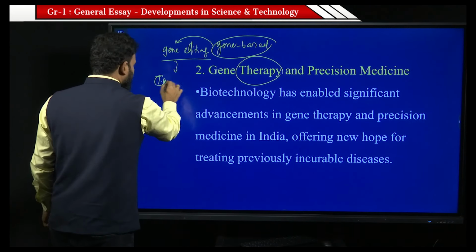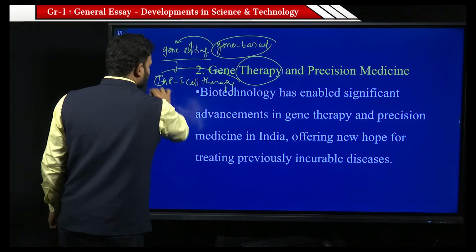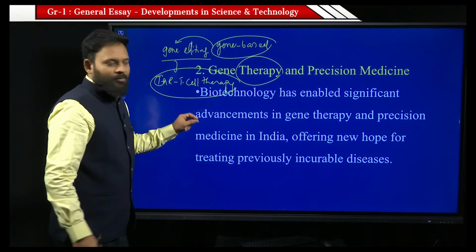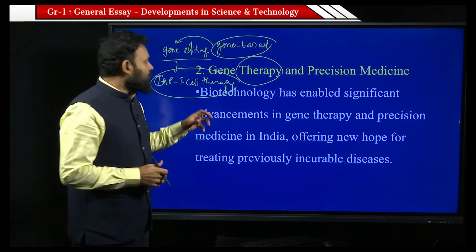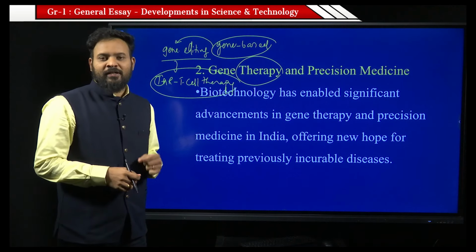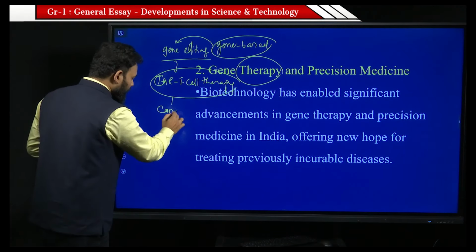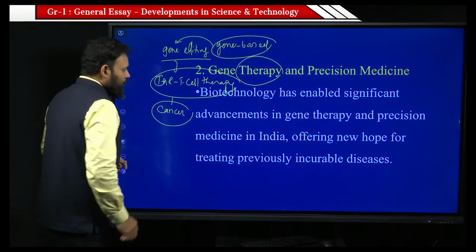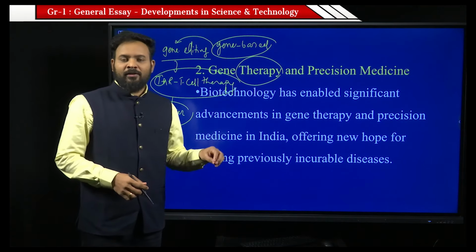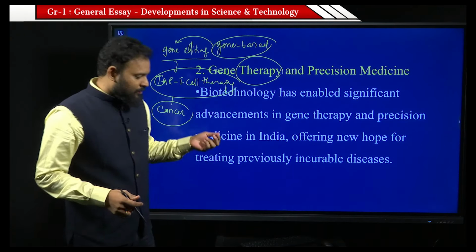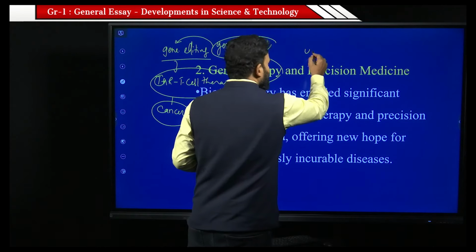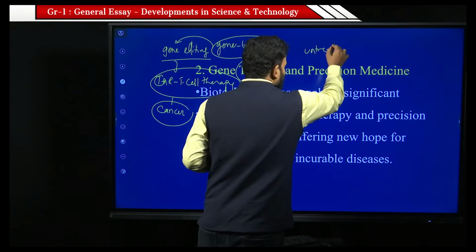CAR T cell therapy is one such solution where you will try to change the genes and help people facing different issues like cancer, etc. So now biotechnology is helping address earlier problems which were untreatable.